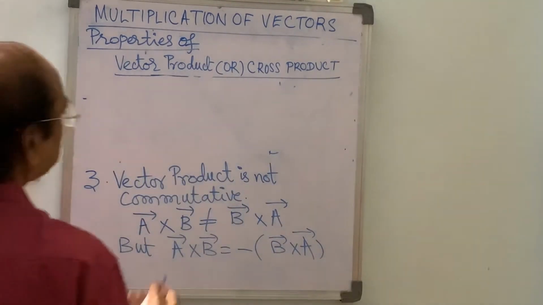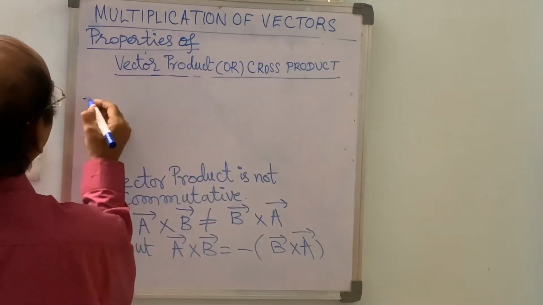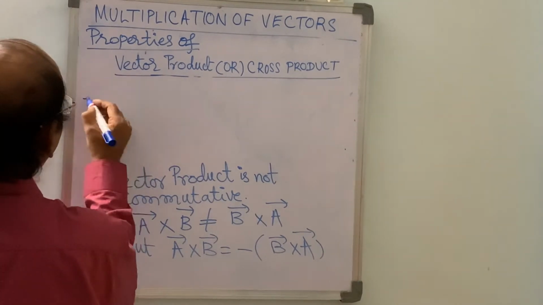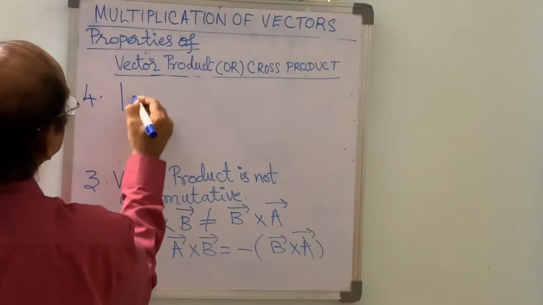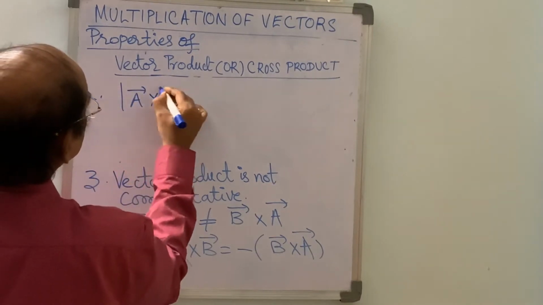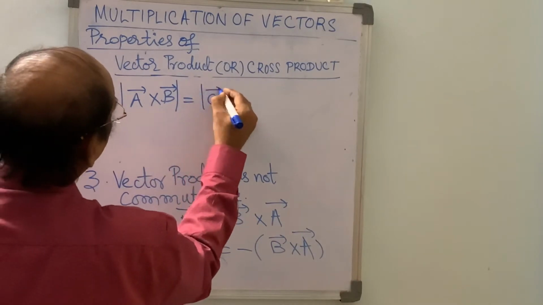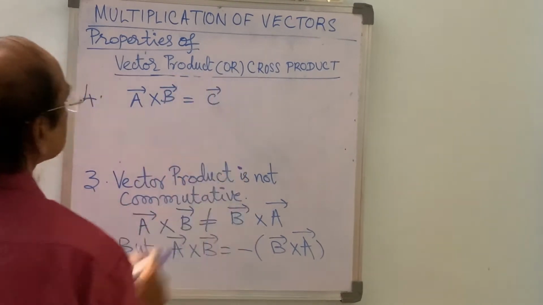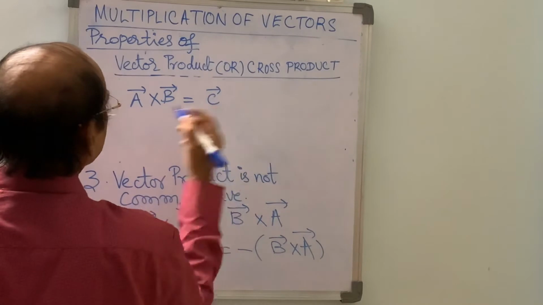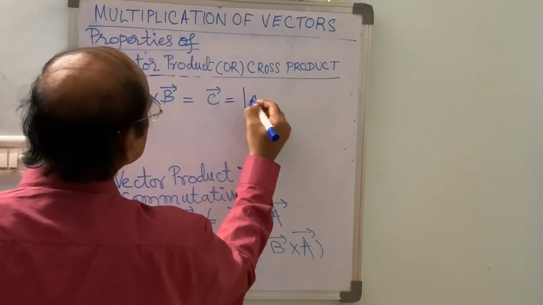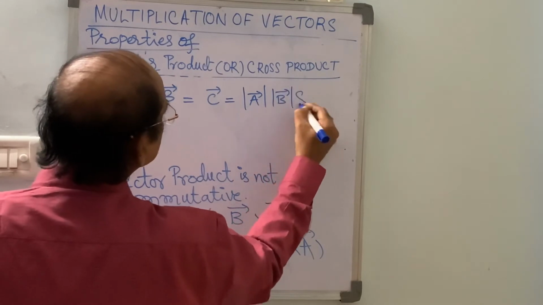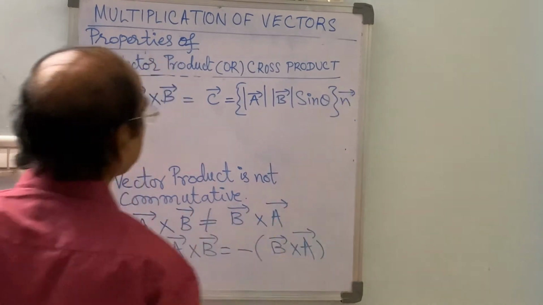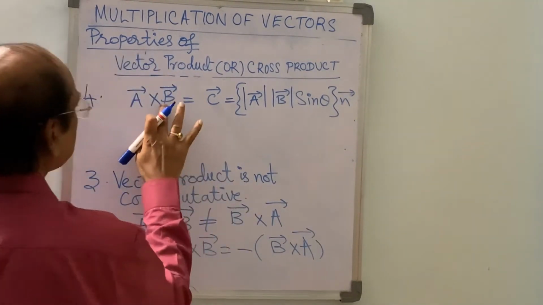Third one, magnitude of the vector product. So the product of two vectors here is a vector quantity whose magnitude is given by another vector whose magnitude is AB sin theta n bar, where n bar is unit vector in the direction of A bar cross B bar.